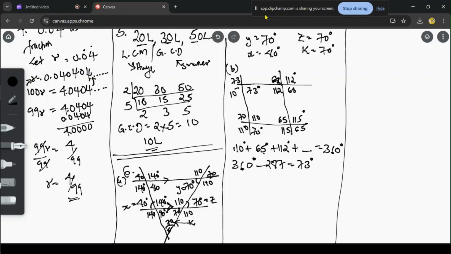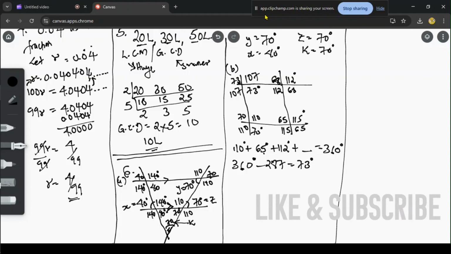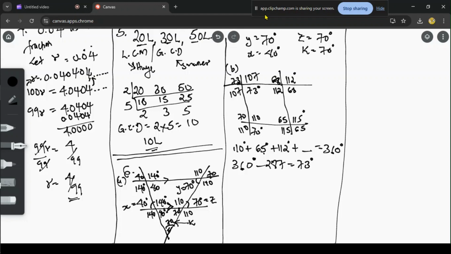So here 107 and here 107. So that if I add all this on a straight line, it is supposed to give me 180. Right? Believe that one is clear for us.